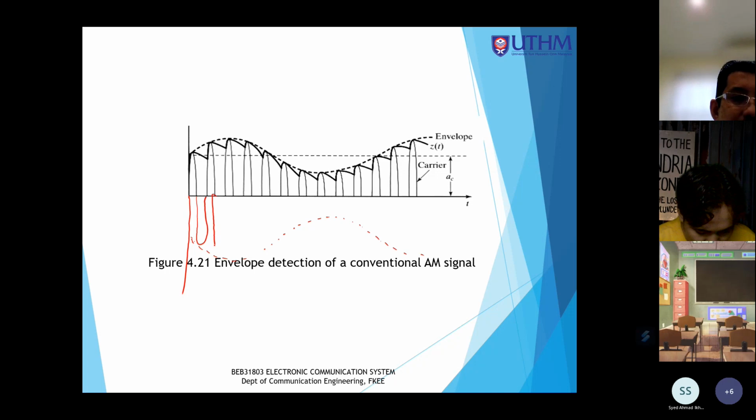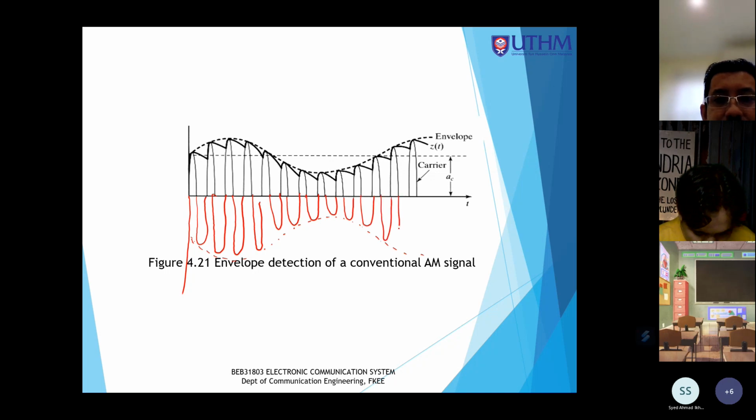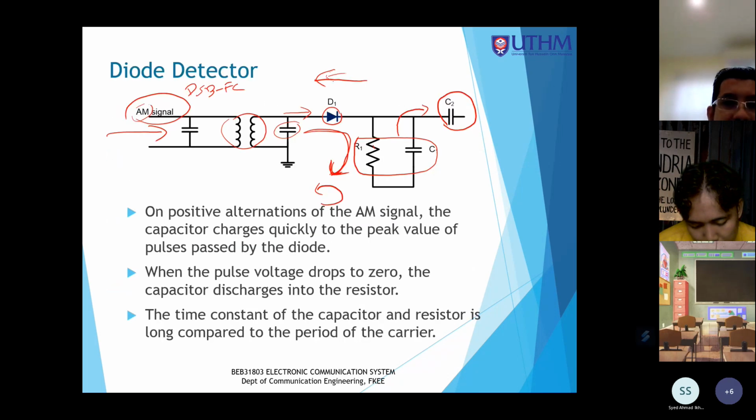Pada awalnya, before the diode, the signal is full like this. It's a full envelope like this. Okay, so dia bersambung lah. So this is at, I can say that at point A, for example, at point A, kalau kita lihat pada point A sebelum diode.